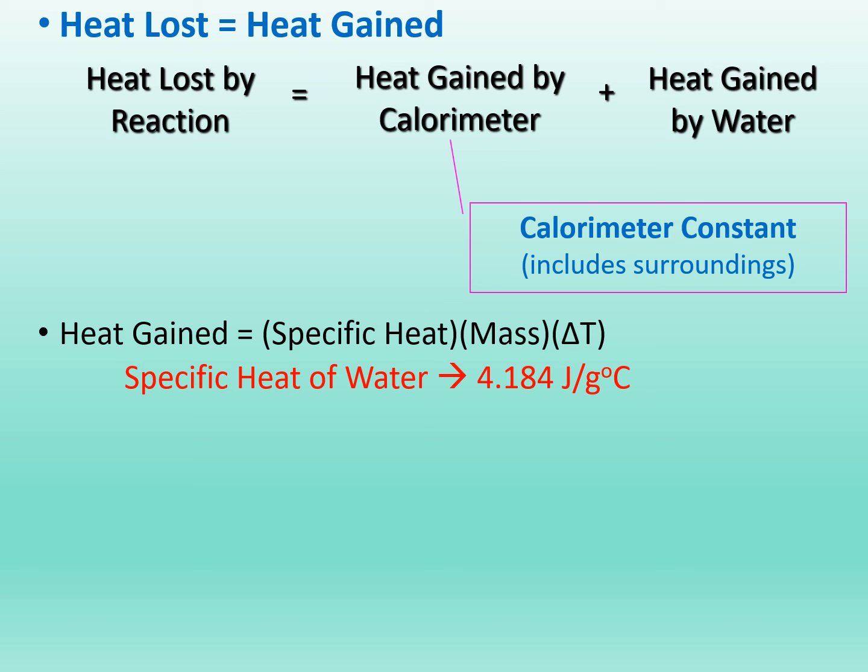Now, specific heat is an interesting property of a material where they vary wildly. For some materials, if I put the same amount of energy into 10 grams of iron and 10 grams of copper, the temperature of the copper will go up more.